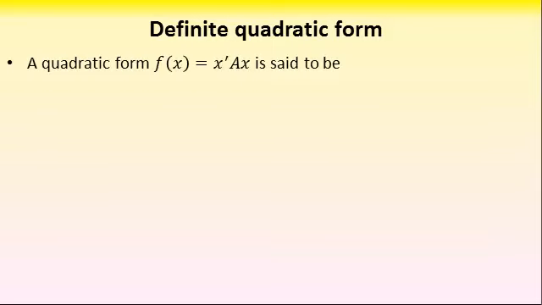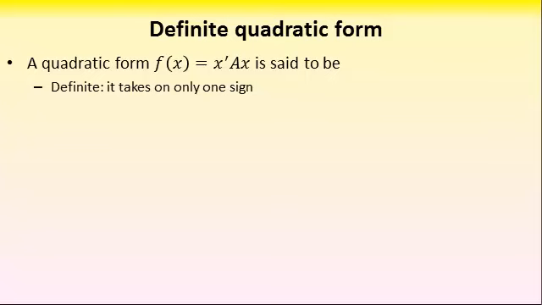Well, since a quadratic form corresponds to the quadratic terms of a linear function, the same kind of discussion applies to them. So if I have a quadratic form x prime Ax, we say that it's definite if it takes on only one sign for all possible values of x.